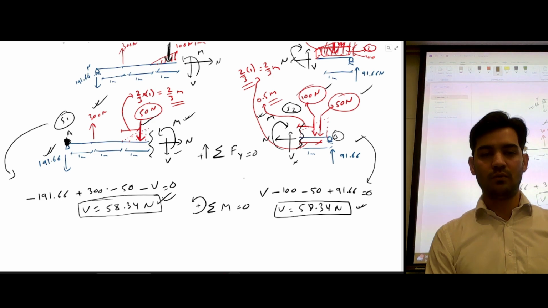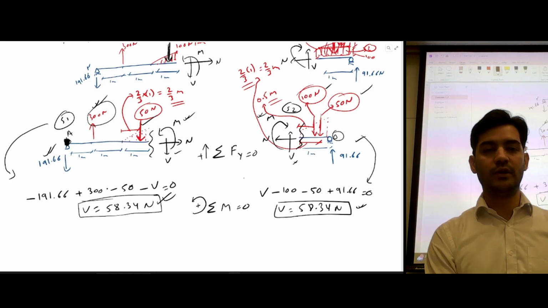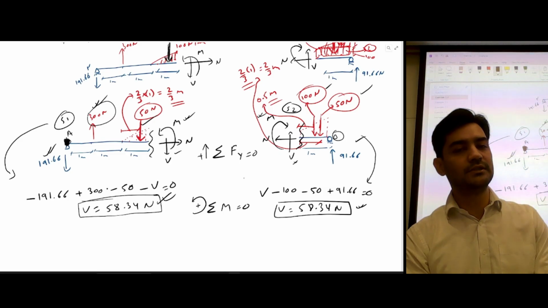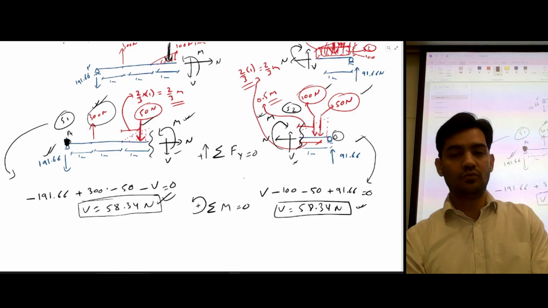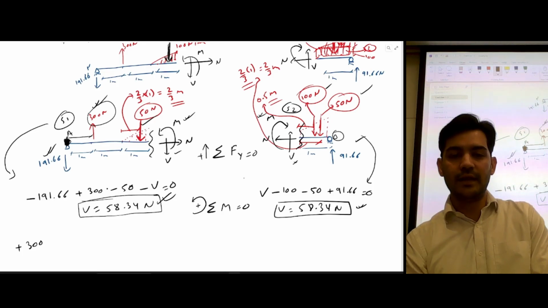So you have this force, which is going to be 0 because the moment arm is 0. So let's just talk about this force. This force is going to cause an anti-clockwise rotation at the support A. So anti-clockwise or counterclockwise is positive, and the force is 300, and the distance of this force from point A is 1.